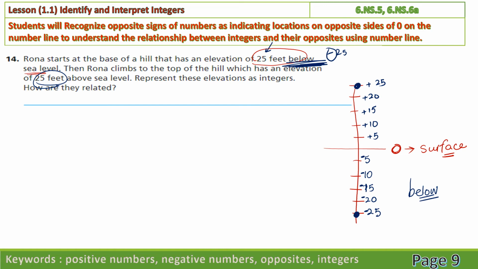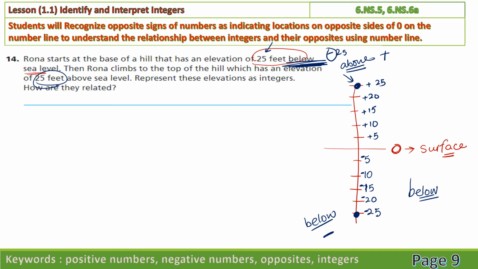The runner climbs to the top of the hill which has an elevation above the sea level. So this will be above the sea level and it could be expressed by a positive number. Below sea level would be expressed by a negative number. How are they related?